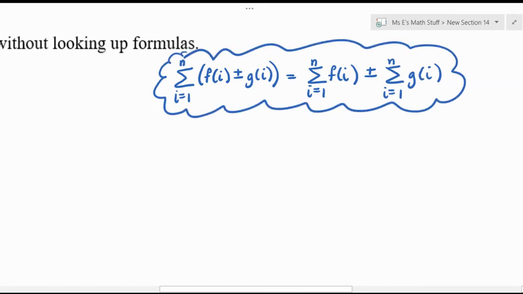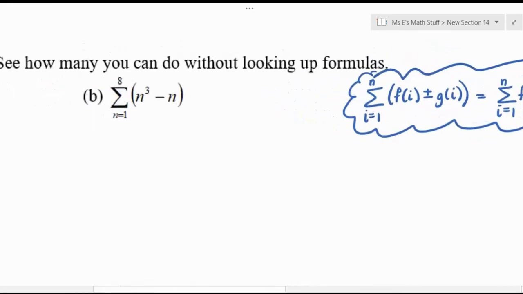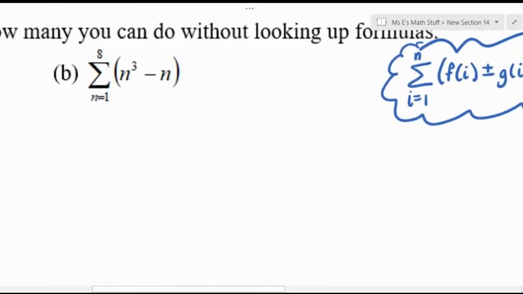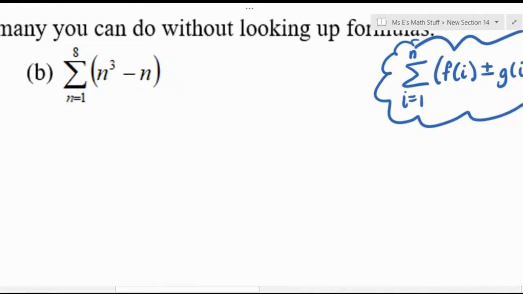My high school math teacher used to like to say the sum rule version of this is the sum of the sums is the sum of the sums. I don't know, something like that. Apparently it wasn't very helpful to me. Okay. The point is, though, that in this case, you could distribute sigma over subtraction.